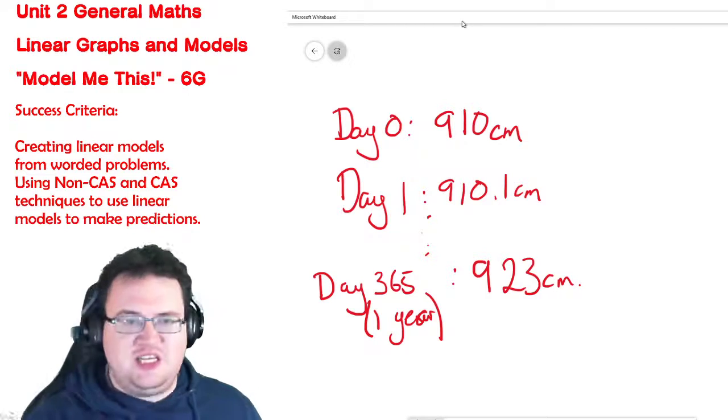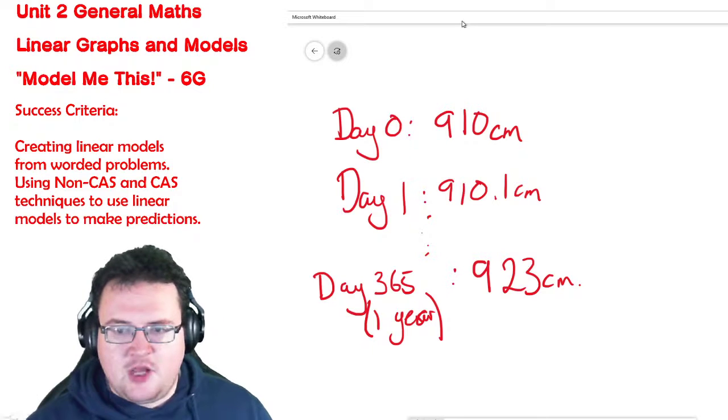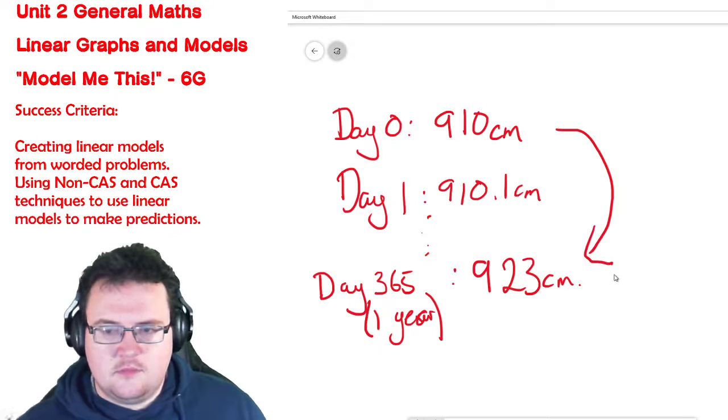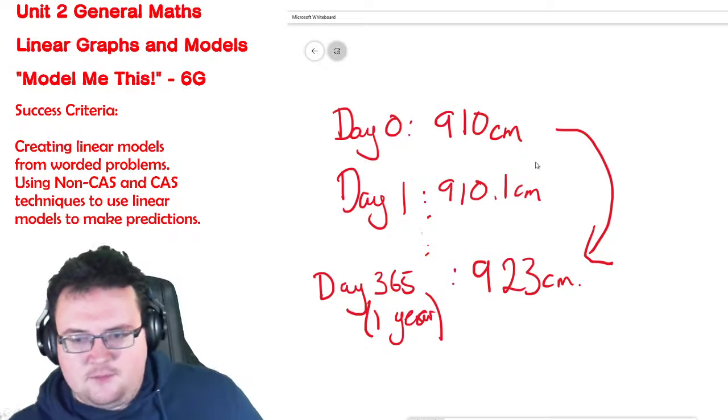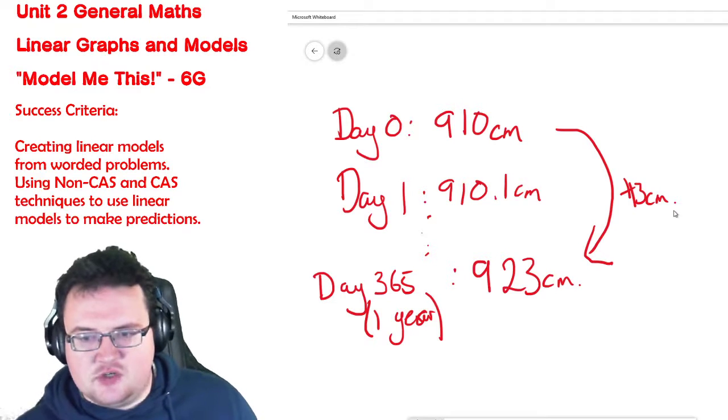Over the course of the whole year, how much has the tree grown? So it's gone 13 centimeters. From 910 to 923.